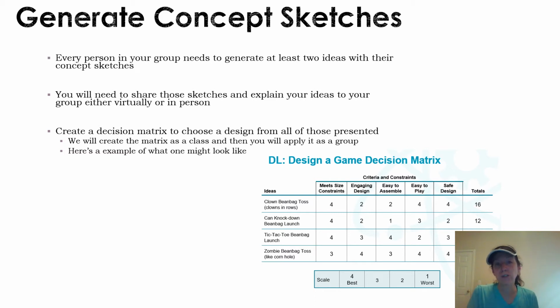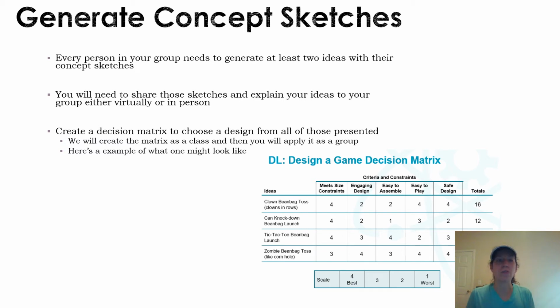Then you'll create what's called a decision matrix to choose a design from all of those presented. So I'm thinking you will have between 6 and 8 ideas if you have 2 per person that come in. So 6 and 8 designs that you're going to try to decide between. We will create the decision matrix as a class, and then you'll apply it as a group. So when we get to the part with the decision matrix, we will talk about it together.